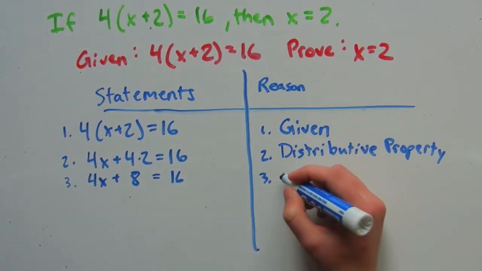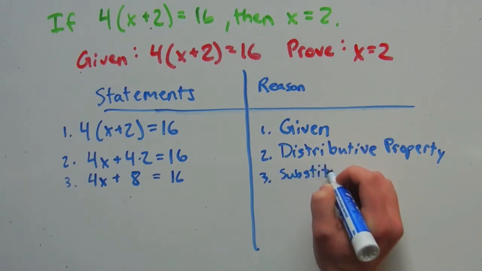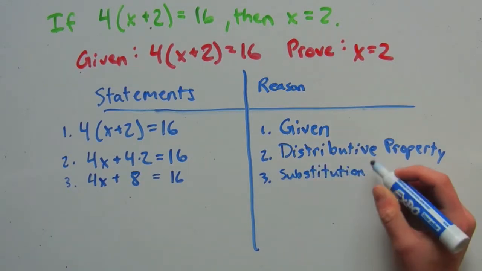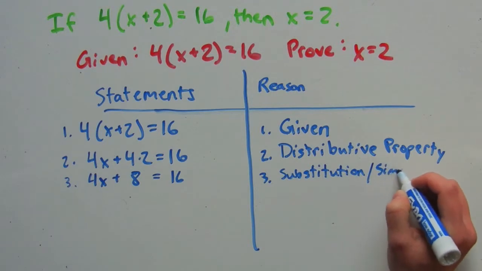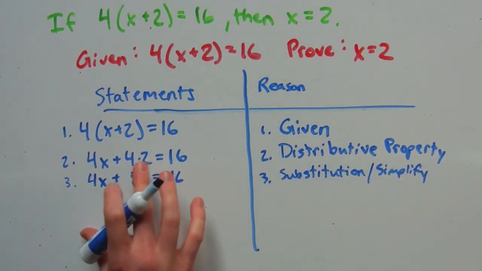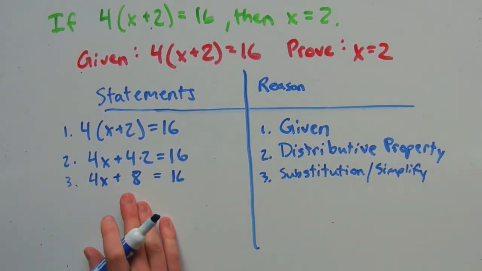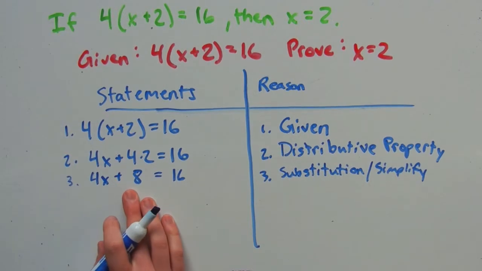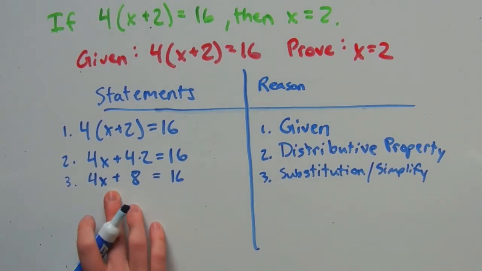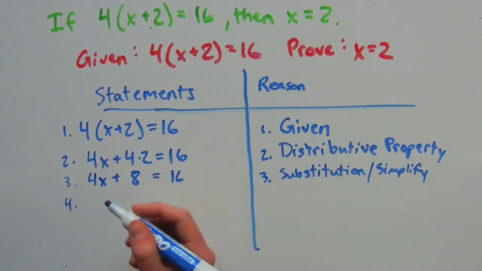So this step is substitution, and I like to also call that simplify. And that's taking two numeric values or more and rewriting them as a single one through addition, subtraction, multiplication, or division.